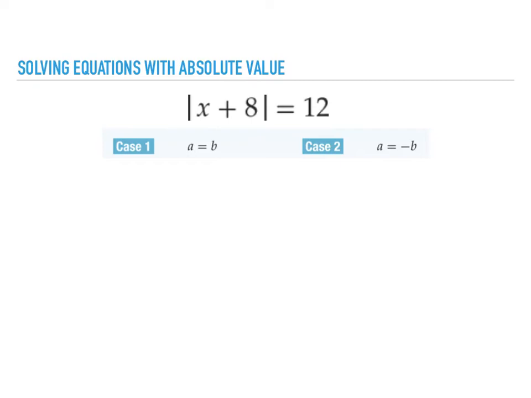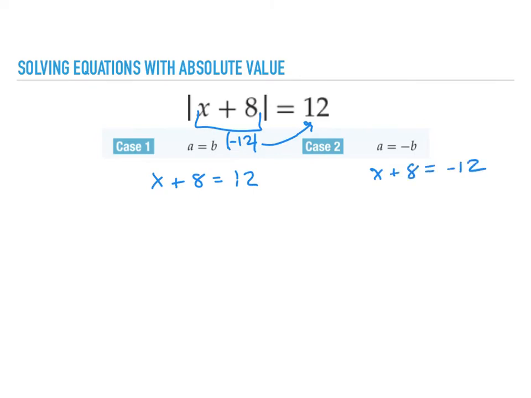So we know that x plus 8 can be a positive 12 or it can be a negative 12, because even if it's a negative 12 in here, the absolute value turns it into the positive 12. So the 2 cases we need to do, we drop our absolute value and we have x plus 8 is equal to positive 12 and x plus 8 is equal to negative 12.